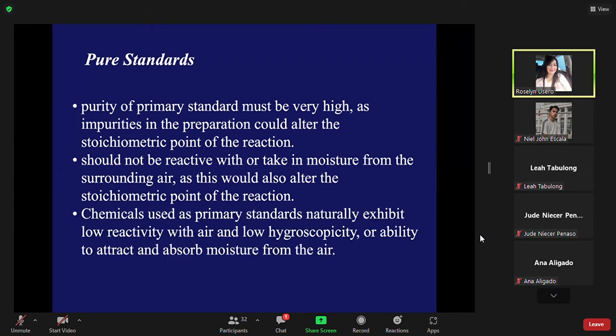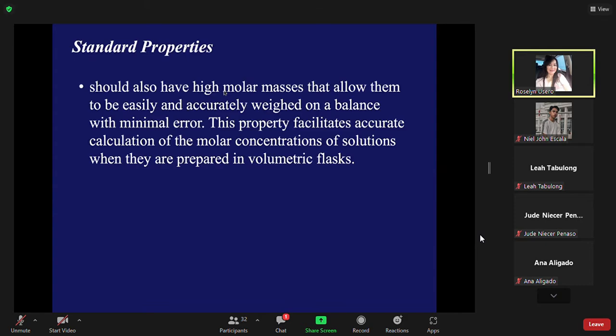Okay, a standard should also have a high molar mass that allows it to be easily and accurately weighed on a balance with minimal error. If you notice the procedures, especially in standard methods, the primary standard is usually, for example, weigh 0.1789 gram of potassium dihydrogen phthalate, weigh 0.2501.